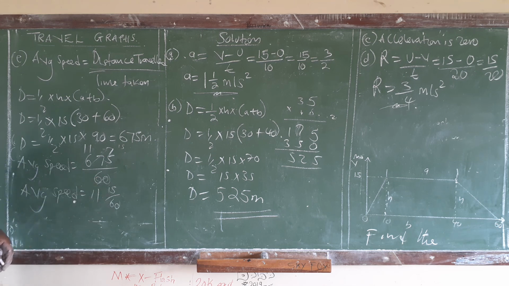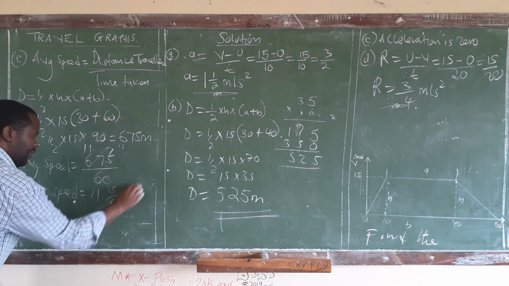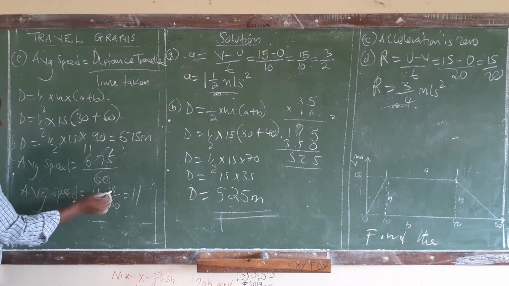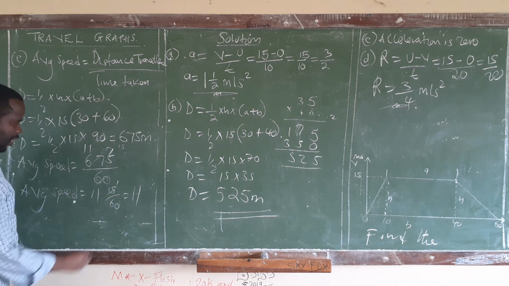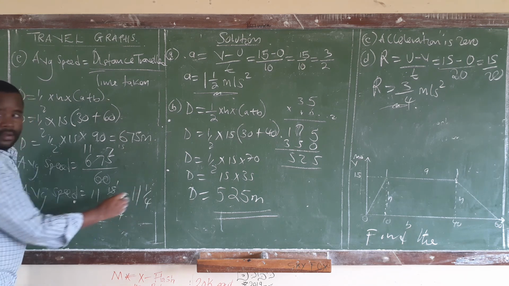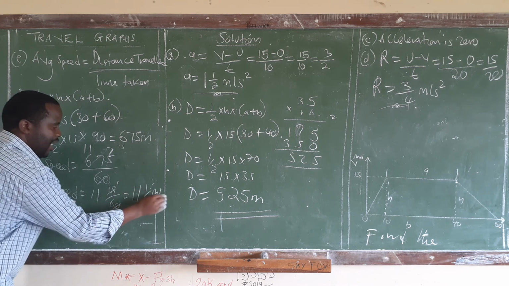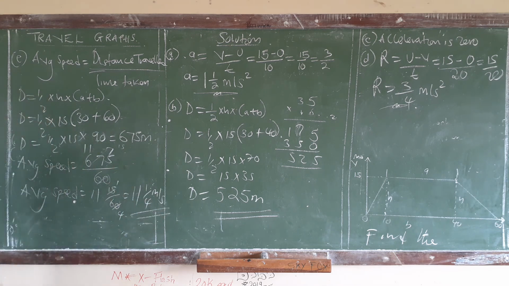And in this case, the highest common factor is 15. So 15 here, you get a 1. 15 here, you get a 4. So I've got 1 and 1 over 4 meters per second. You can also give it as a decimal number. That is our average speed.